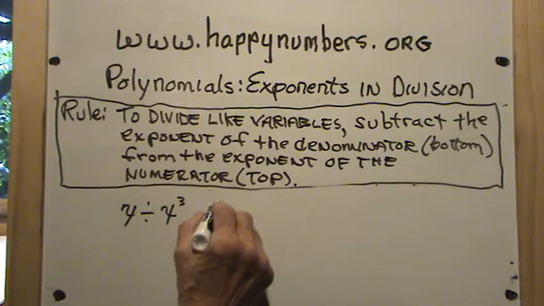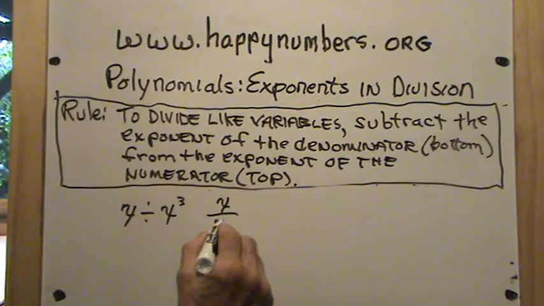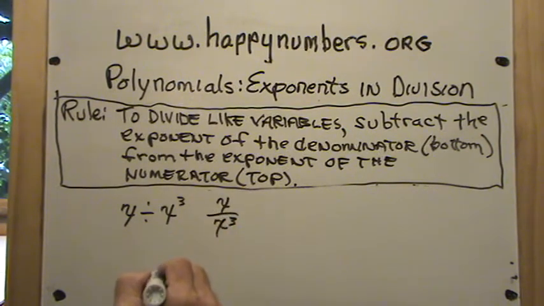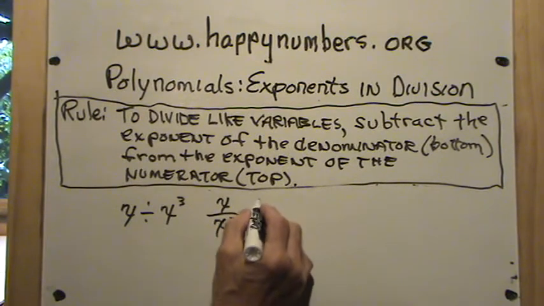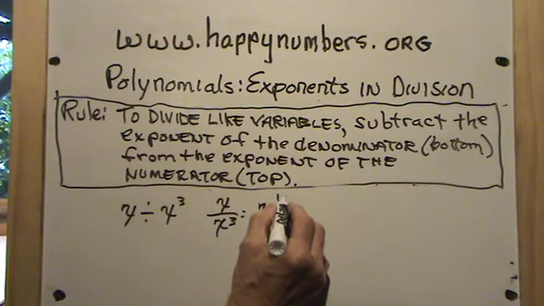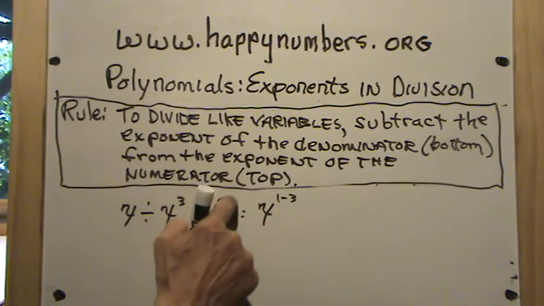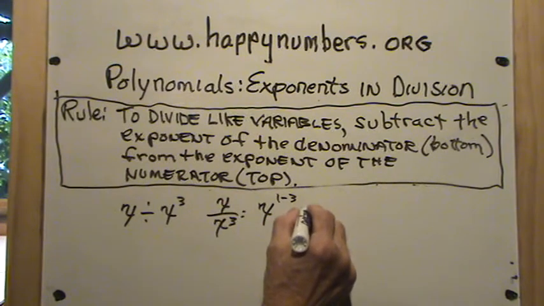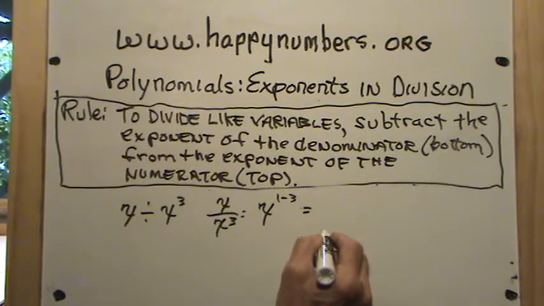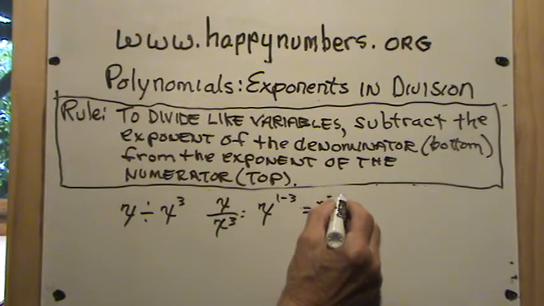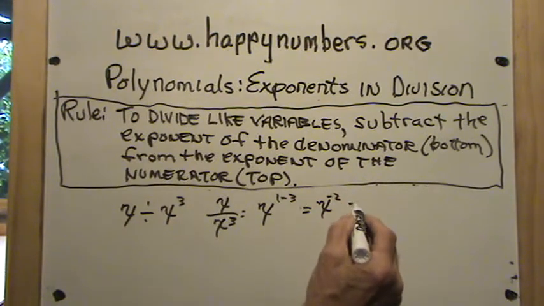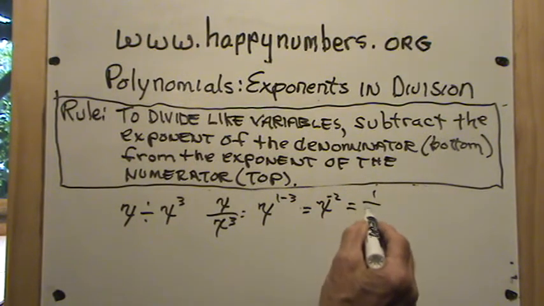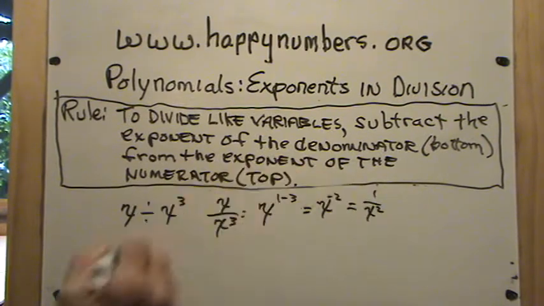Now this would be x to the 1 minus 3, which is really equal to x to the negative 2 power, which, as we know, is equal to 1 over x to the second power.